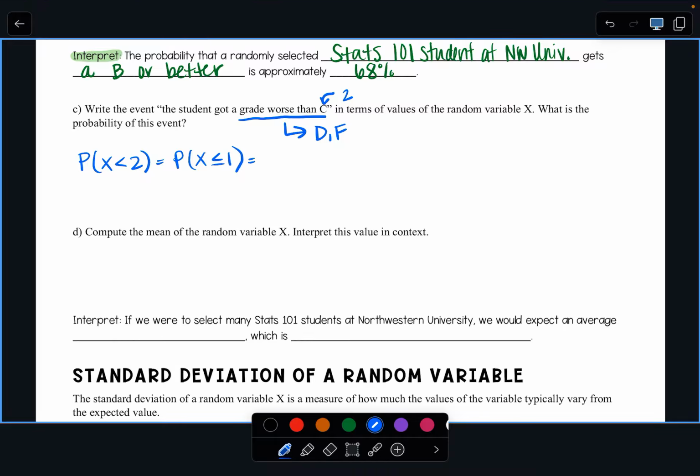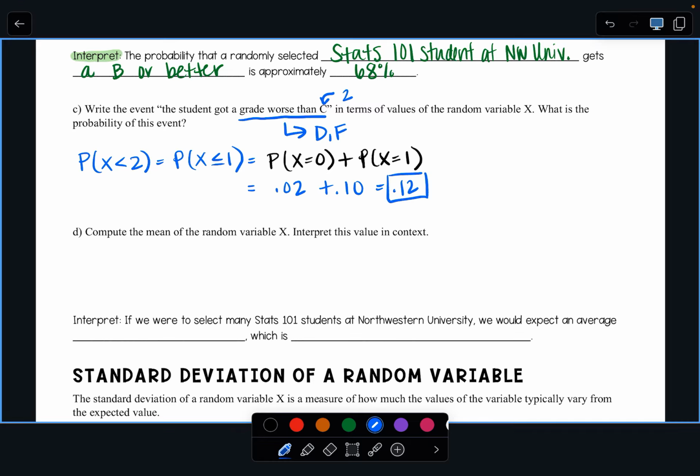Then we go in, and again, you don't have to write this part, but I'm going to take the probability that X is equal to 0, and I'm going to add it to the probability that X is equal to 1. What I like to see is your actual calculation. So 0.02 plus 0.10 is equal to 0.12. Now, this question did not ask me to interpret, so I don't have to write a sentence.